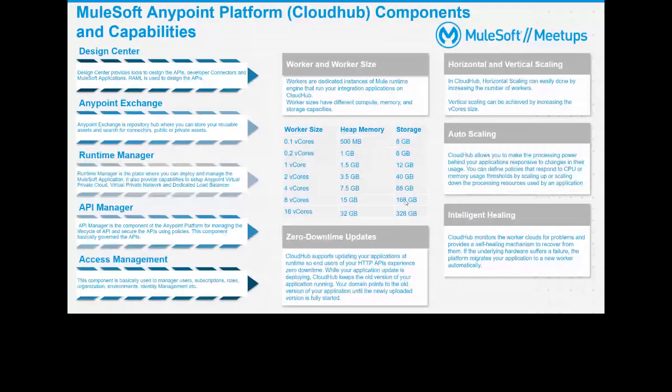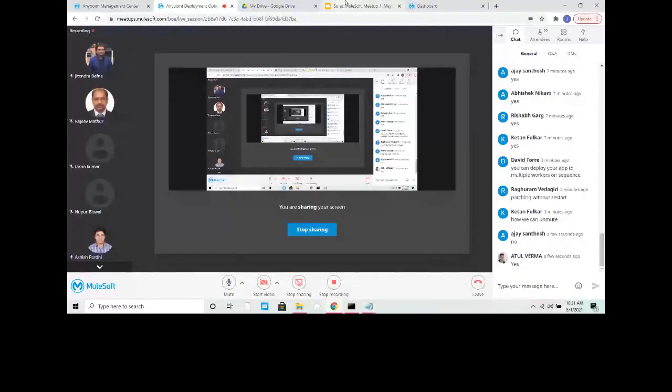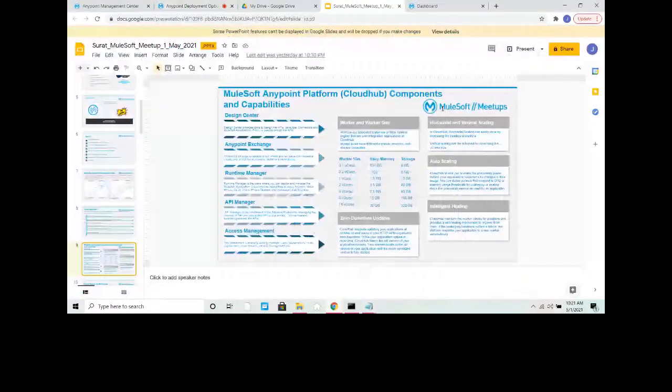Auto scaling. Has anybody heard about this particular term? Has anybody used auto scaling in MuleSoft? Yes. Okay, can you give me some idea on that? Yeah, basically we are maintaining our APIs, and we see how my API is performing.